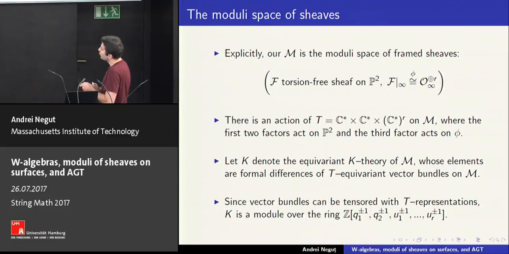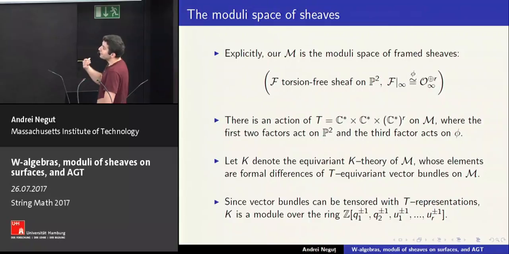So Z of Q1, Q2, U1 through UR is a space of characters of this particular torus. Any representation of this torus is uniquely determined by its character, which is a polynomial in this big ring here. And Q1, Q2, U1 through UR refer to the elementary characters of this C star and this C star to the power R. So you can think of Q1, Q2, and the UIs as being formal symbols.